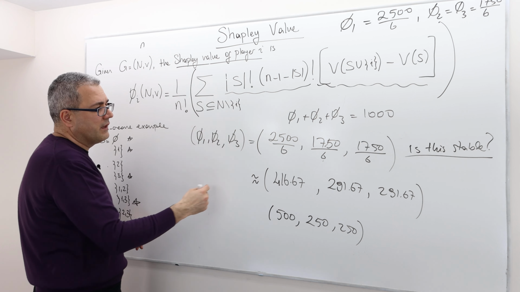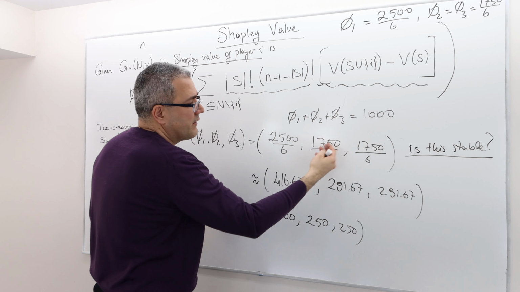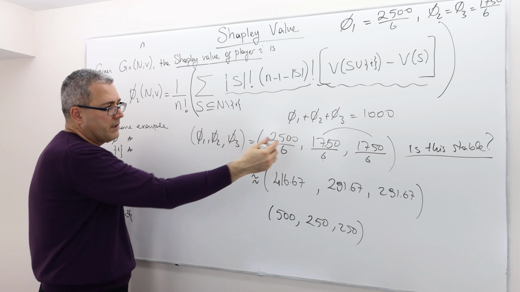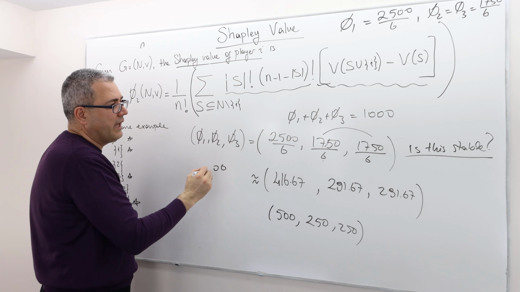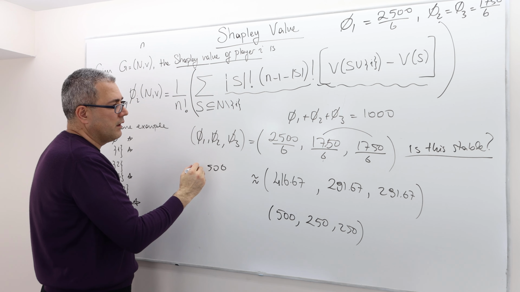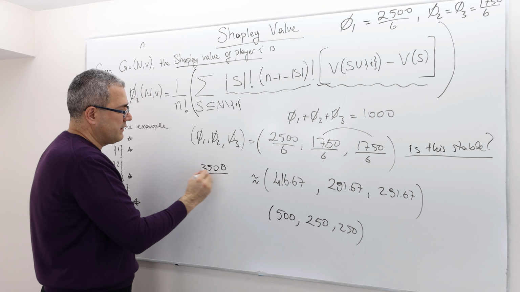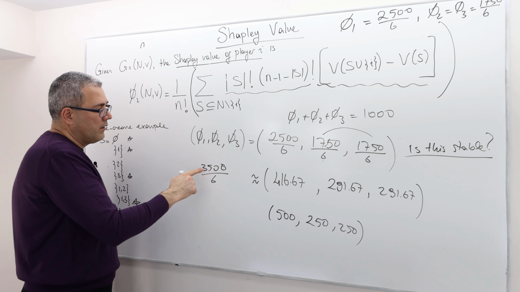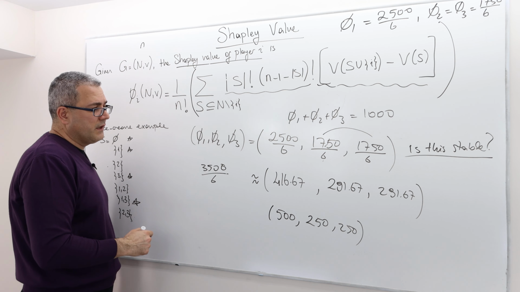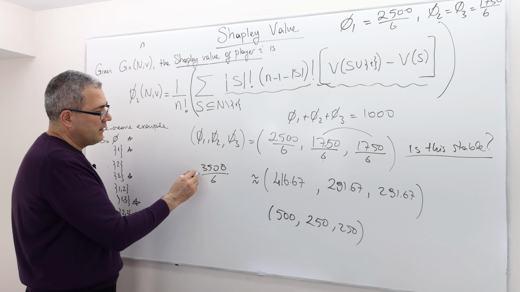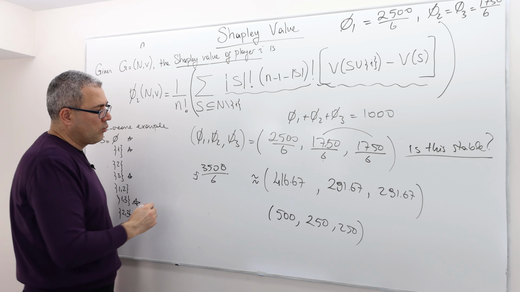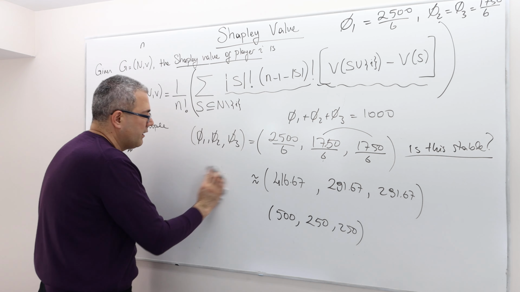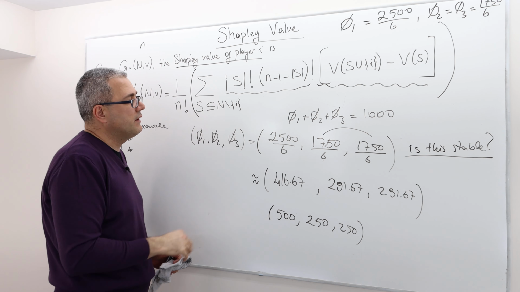Or if you add this up, this is less than 500. Because what is this? 0, 10, 5, divided by 6. 3500 divided by 6, oh, I'm sorry, that's more than 500. Yep, so player 2 and 3 are pretty happy. That's my mistake.